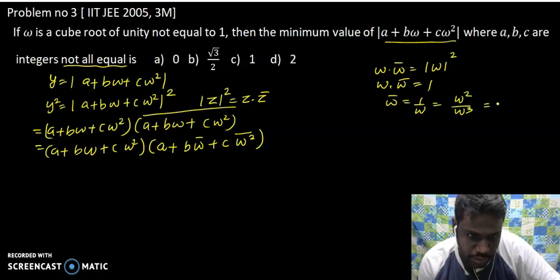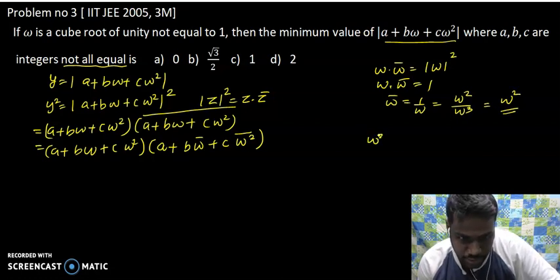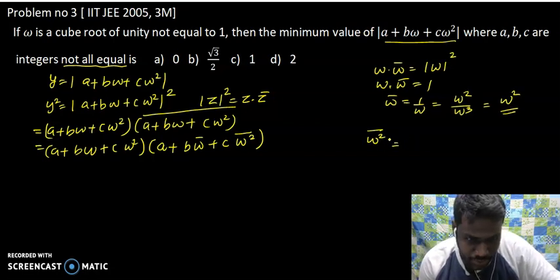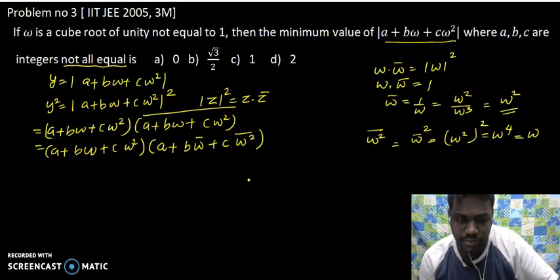Omega cube is 1, so that is equal to omega squared. So omega conjugate is omega squared. And what is omega squared conjugate? It can be written as omega conjugate squared, and omega conjugate is omega squared. So omega squared the whole squared is omega raised to 4, and that is equal to omega, since omega cube is 1.